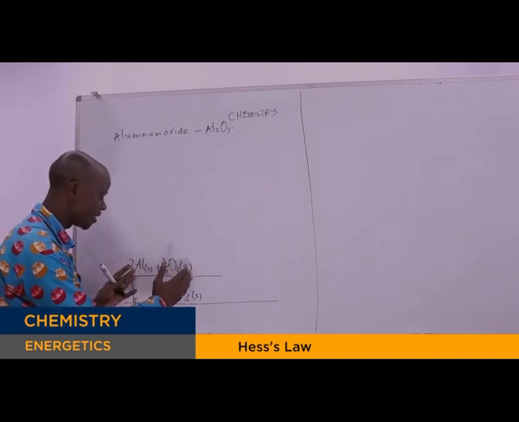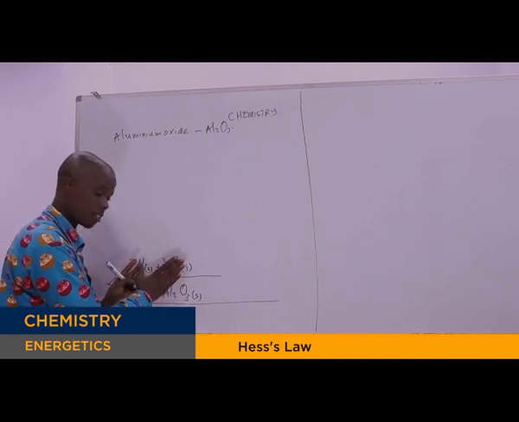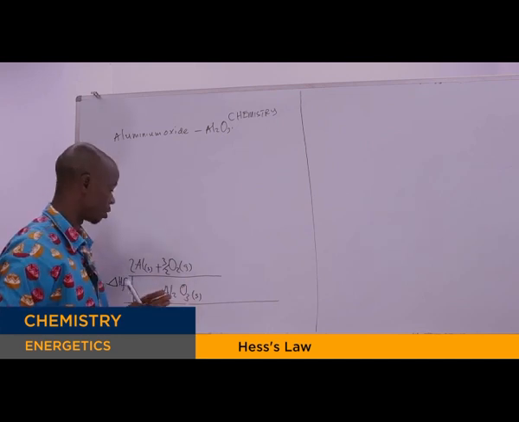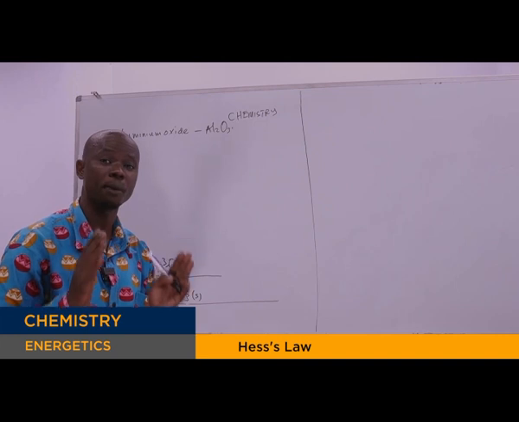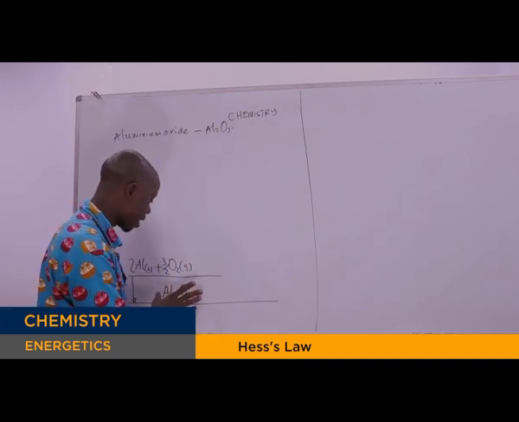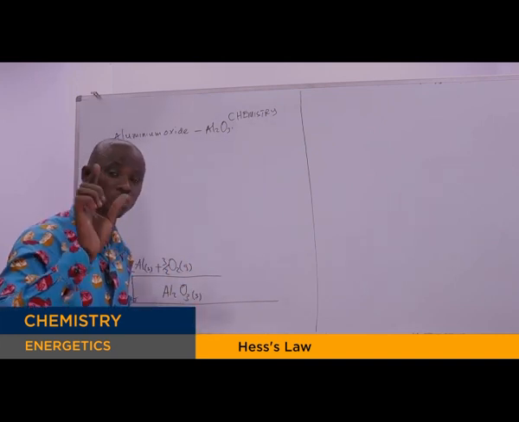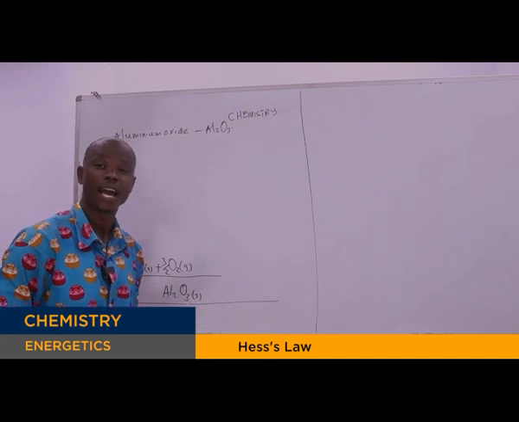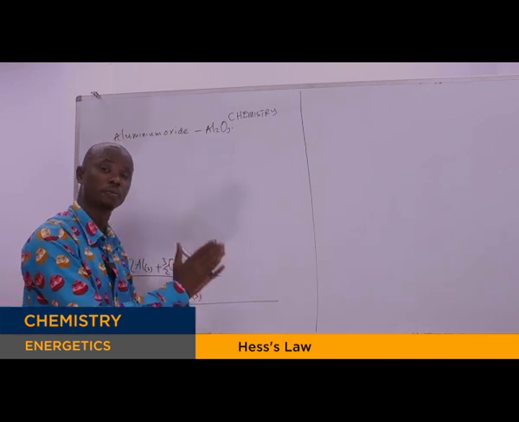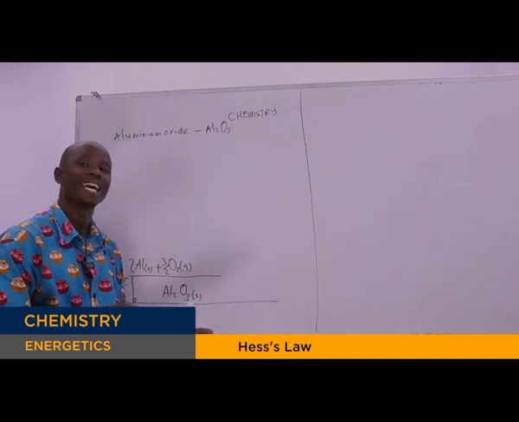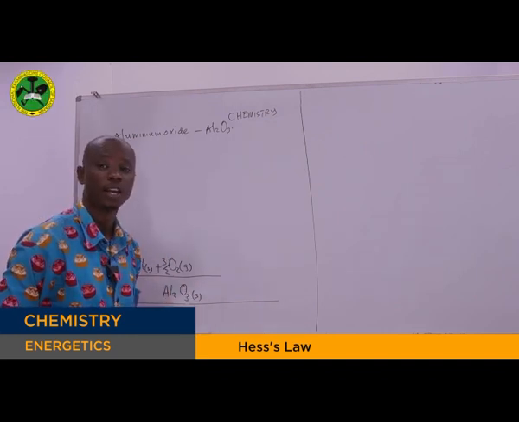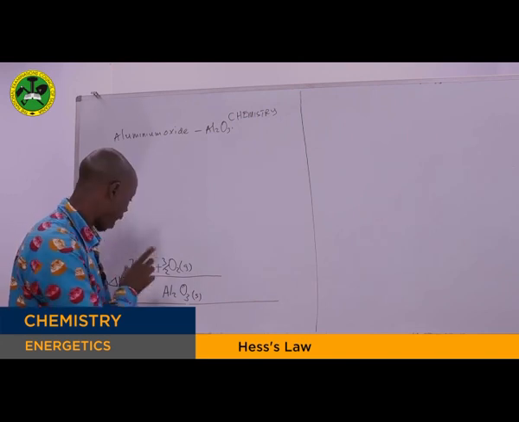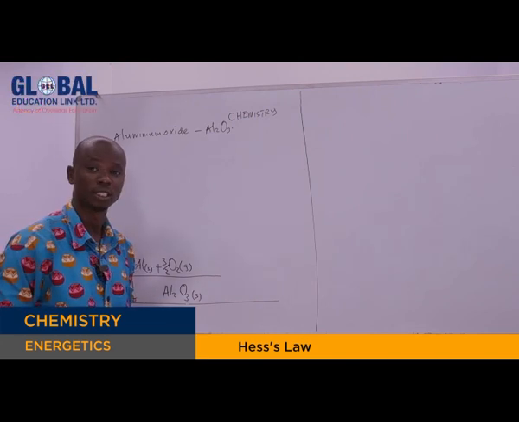Now, after we have given the elements which make this compound and the compound as well, the next step: there you have the metal and the non-metal. This is the ionic compound. You have to get the cation and the anion. The cation from the metal, aluminium, and the anion from the non-metal, oxygen. How is the cation formed?